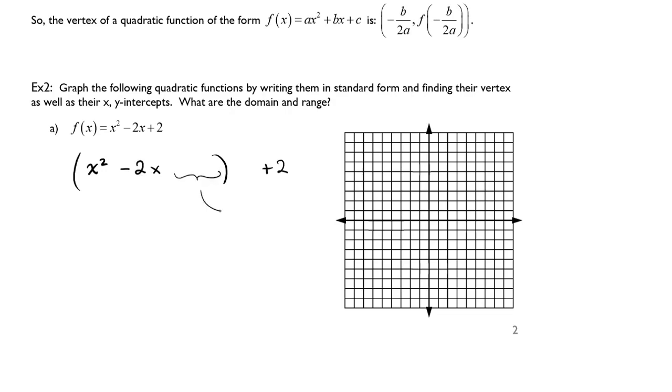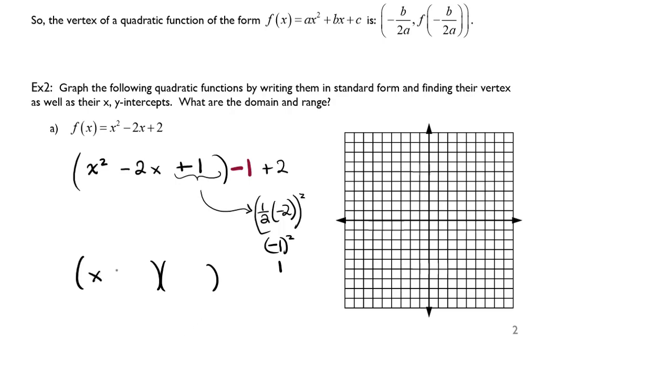Now I need to take 1/2 of b and square it, which will give me my third term. That gives me negative 1 squared, which is 1. So I will add 1 on the inside of parentheses. If I add 1 on the inside, I have to subtract 1 on the outside to keep my expression balanced.